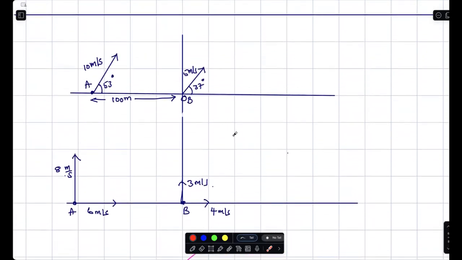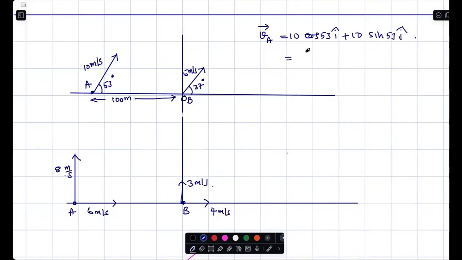The other method, now first, what is V related to? For this purpose, you need to write VA bar properly. VA bar is 10 cos 53 i cap plus 10 sin 53 j cap.